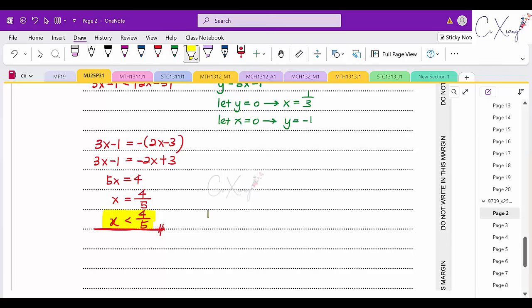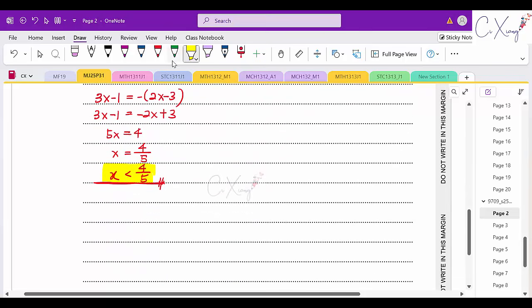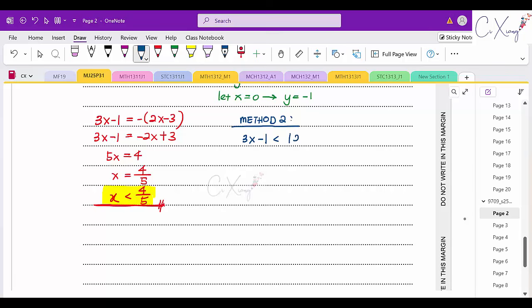Okay? That's another method, where you don't want to use the diagram or graph that you draw, but purely look at the inequality. How can we solve it? All right. So for method number 2, I will show it to you here. For 3x minus 1 smaller than modulus 2x minus 3, for this modulus function, there are two parts.